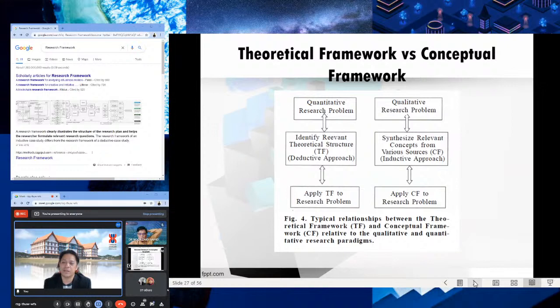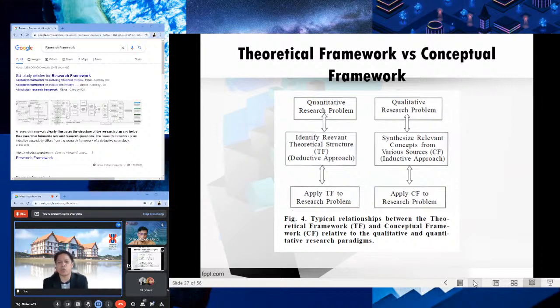Remember, quantitative research mostly applies the deductive approach. You can imagine the diagram just now, and apply the theoretical framework to a research problem. So this is the step, the relationship between these two different frameworks.